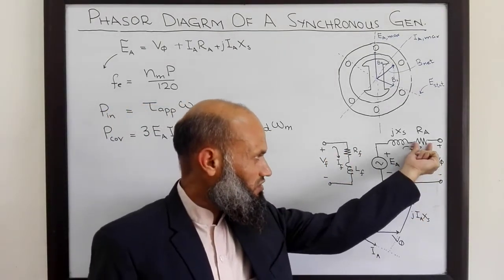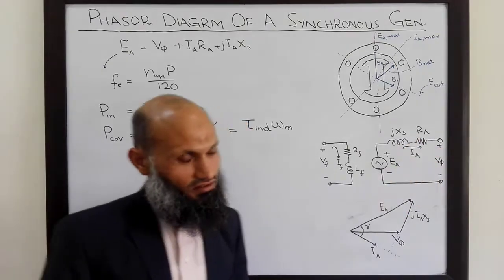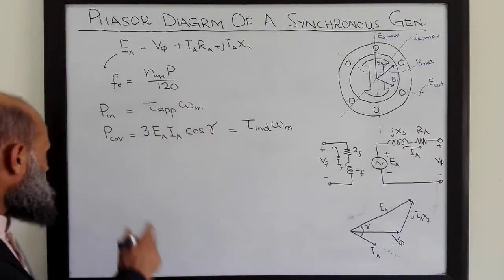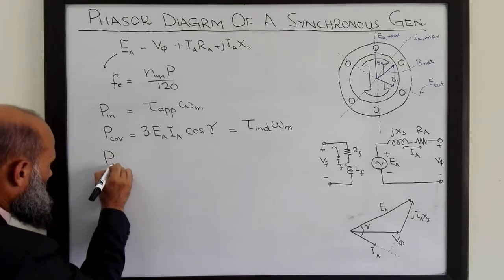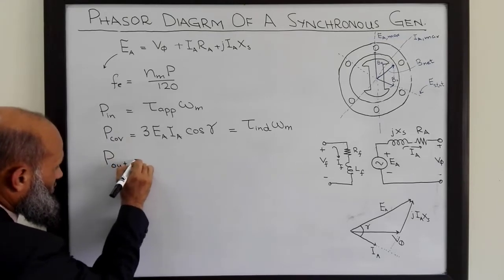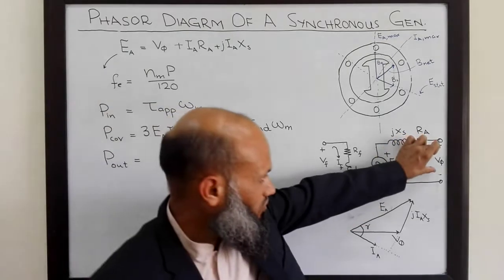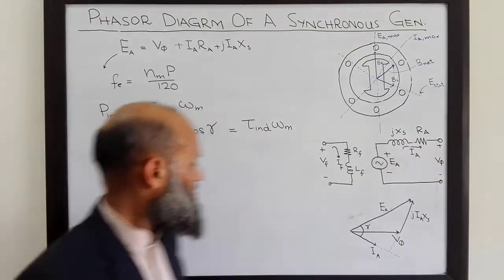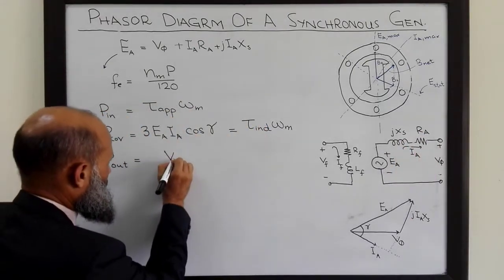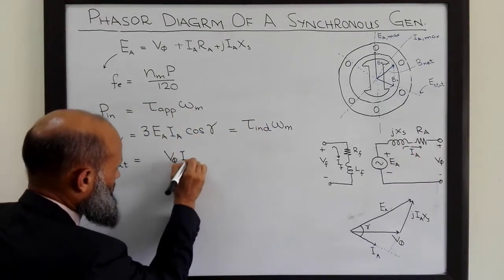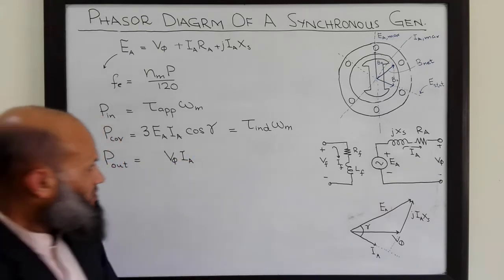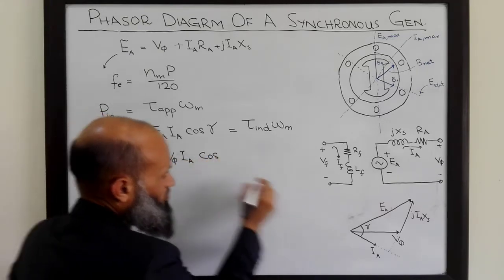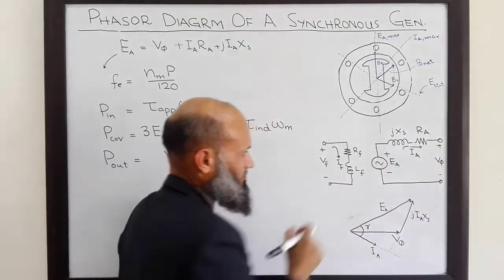Some of the power is consumed in the resistance of the armature windings. So the output power is equal to the phase voltage multiplied by the armature current and the cosine of the angle between these two quantities, IA and V phase.